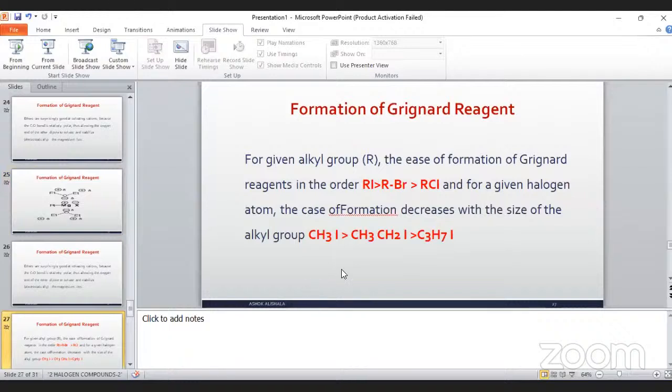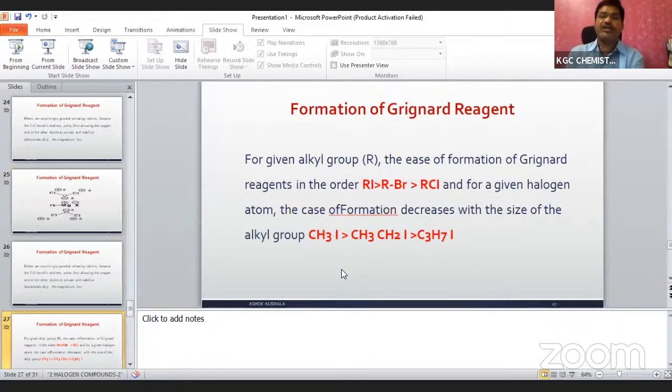Now, for a given alkyl group, the ease of formation of the Grignard reagents is in this order: alkyl iodide, alkyl bromide, alkyl chloride. Suppose methyl iodide, methyl bromide, and methyl chloride are treated with magnesium.